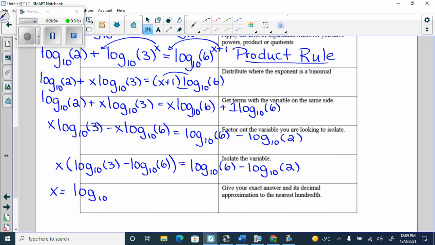So it would be log base 10 of 6 minus log base 10 of 2 divided by this whole bracket, which I don't have to write the log base 10s at this point if I don't want to. And I get negative 1.58.